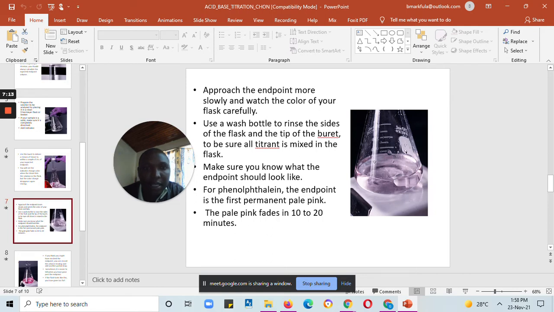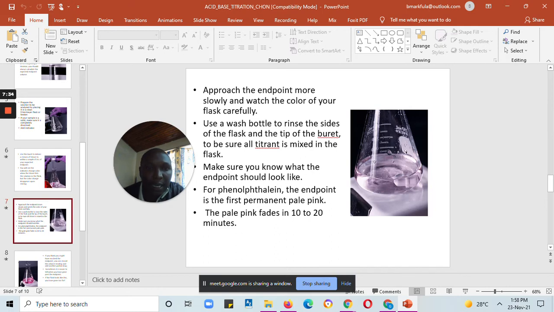As I said, depending on the acid and on the indicator that you're using, you should be able to know what color of endpoint you are expecting. So for phenolphthalein indicator, the endpoint is the first permanent pale pink.